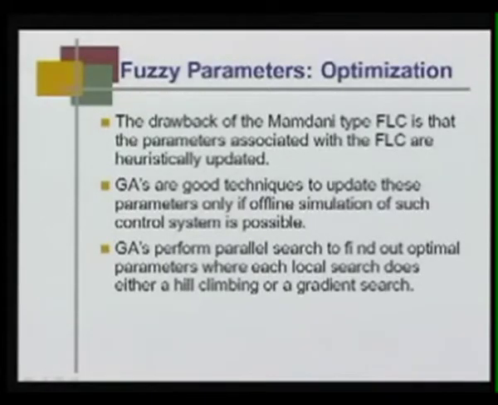The drawbacks of the Mamdani type. So now we talked about the fuzzy logic controller, and we found the positive aspects of it. Now we are only discussing the Mamdani type of fuzzy logic controller.